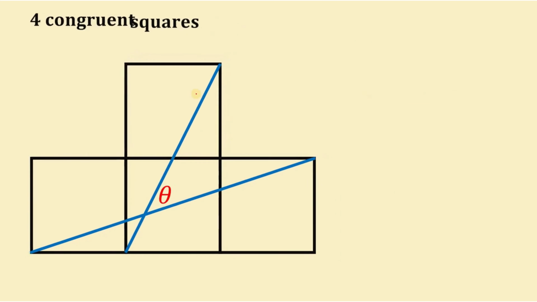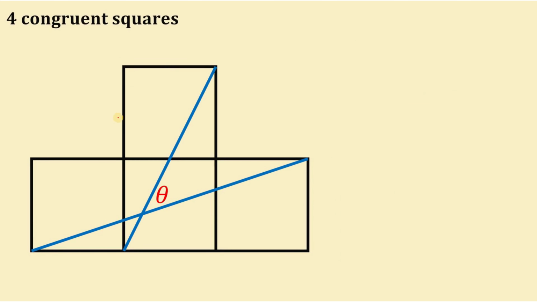Alright, so let's answer this question together. Let's call this angle alpha, and this angle right here, let's call this beta. Take note, this angle is theta, and this angle right here, since it is a vertical angle, is also equal to theta.